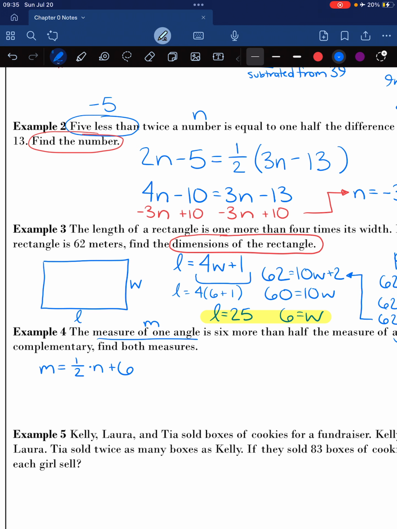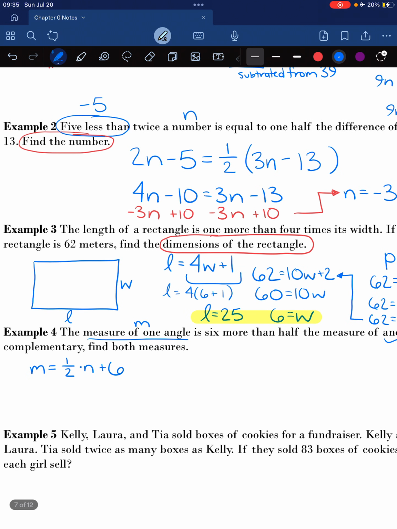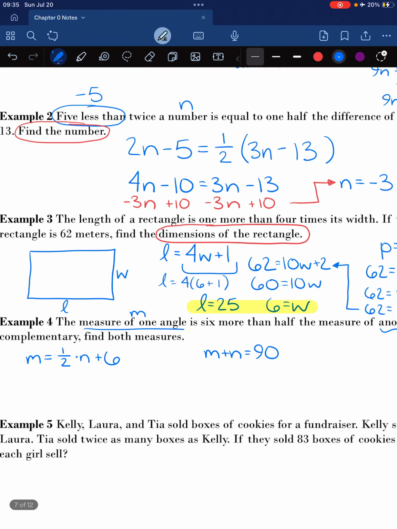If the angles are complementary, okay, so complementary angles add up to 90 degrees. So M plus N needs to be 90 degrees, the sum of those two angles. Okay, and just like in the last problem, I can use substitution.